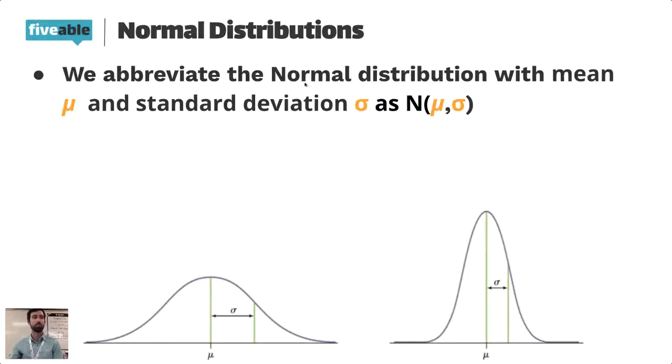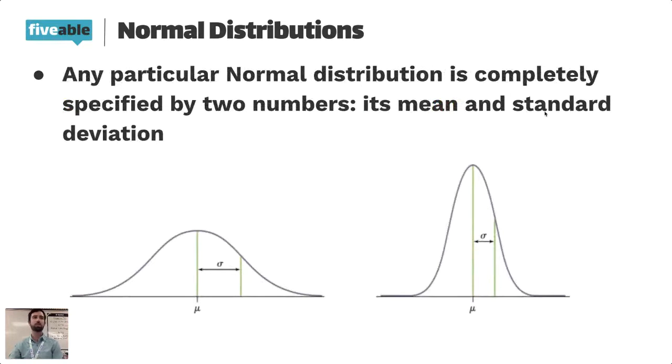Up here, this represents a normal distribution centered at this number with a standard deviation of this number. So you're going to see that, and that's going to indicate to you, hey, this is a normal distribution centered at whatever the first number is with a standard deviation of whatever the second number is, okay?